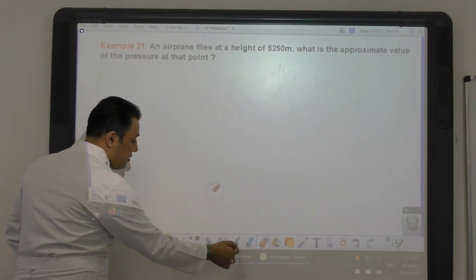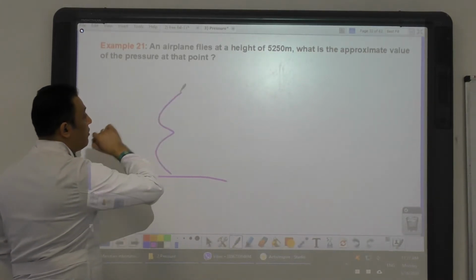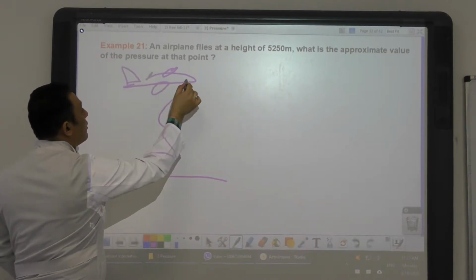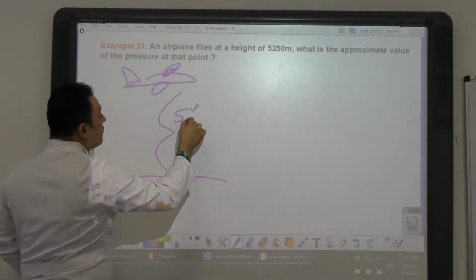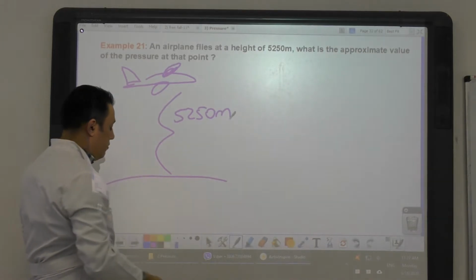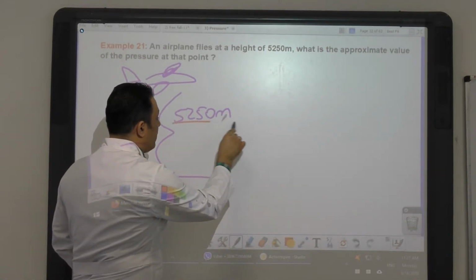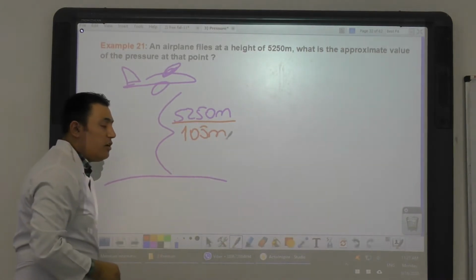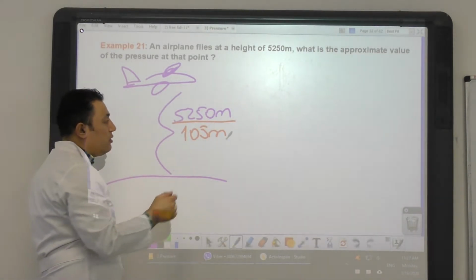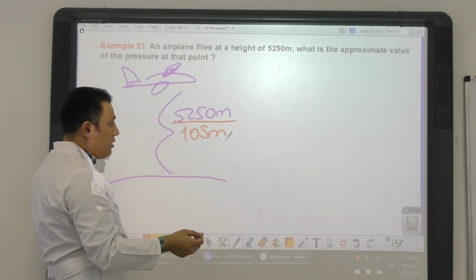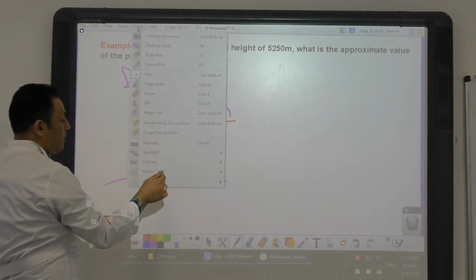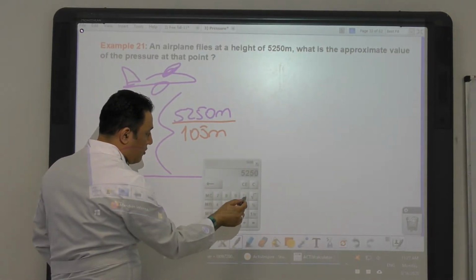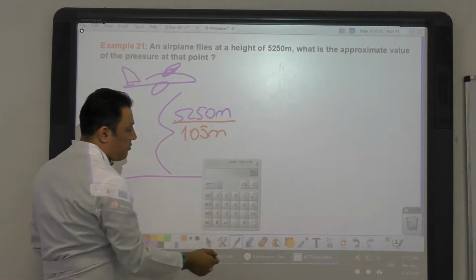This is the surface of the Earth. Let's draw our airplane at 5,250 meters. Since for each 105 meters of rise in the air the air pressure decreases by 1 centimeter of mercury, 5,250 should be divided by 105. 5,250 divided by 105 is equal to 50.